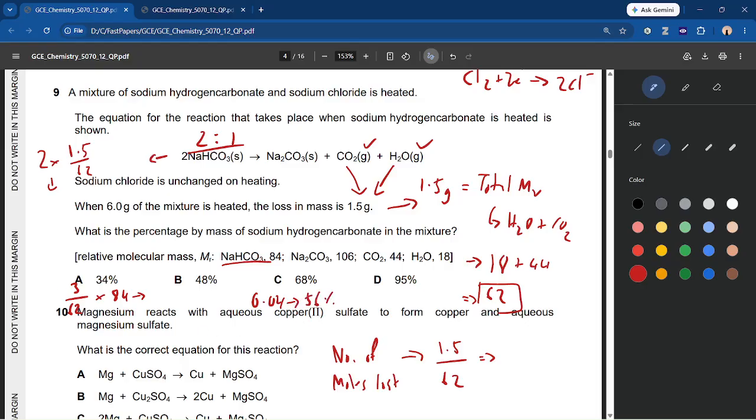But when you're using this value, 3 by 62, 3 by 62 into 84 gives you 4.06 grams. And when you divide 4.06 by 6, the answer you're going to get is 68%. And if you use 0.04, then you're going to get 56%. So remember to use the raw value in calculations.